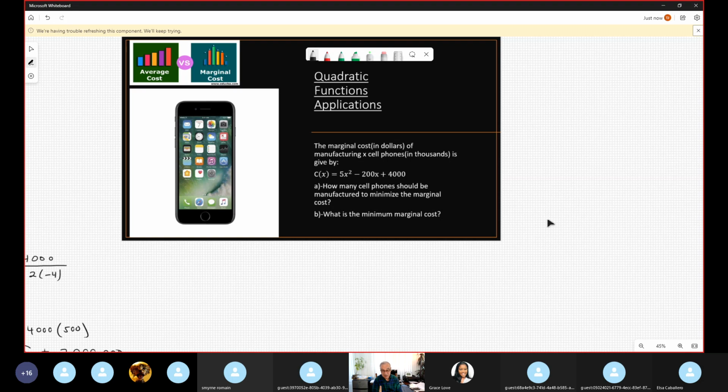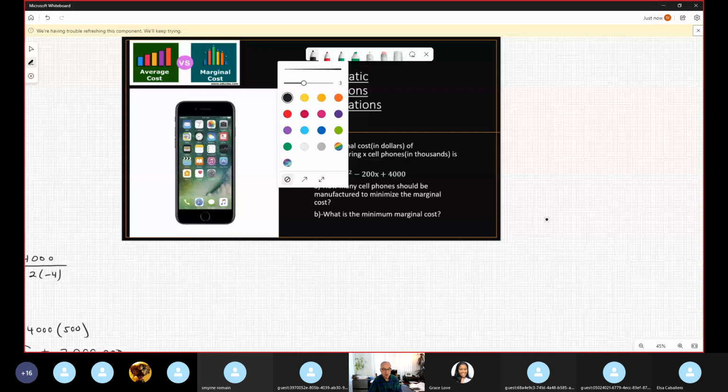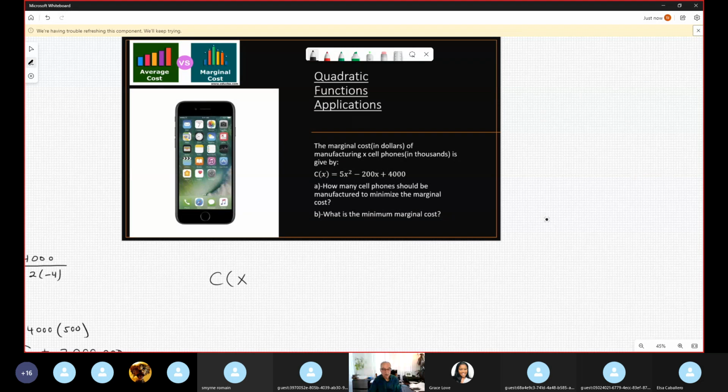So x represents 1,000 cell phones. It is given by this formula. Okay, always in this kind of problem, the equation is quadratic, no? 5x squared minus 200x plus 4,000.